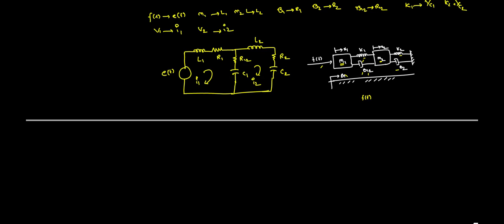So for this particular circuit, if you analyze correctly, f of t, whatever we are giving, corresponds to the E of t. M1 is L1, so here B1 is R1.